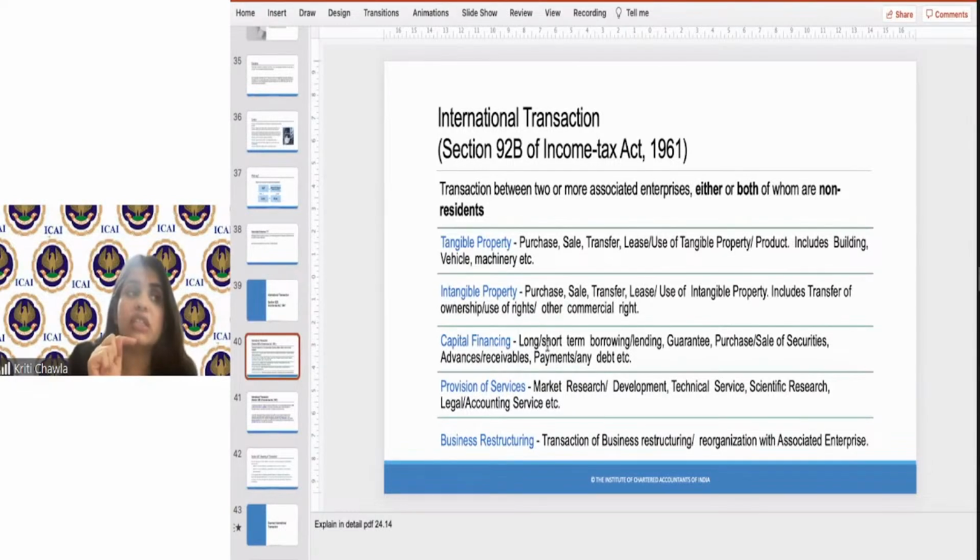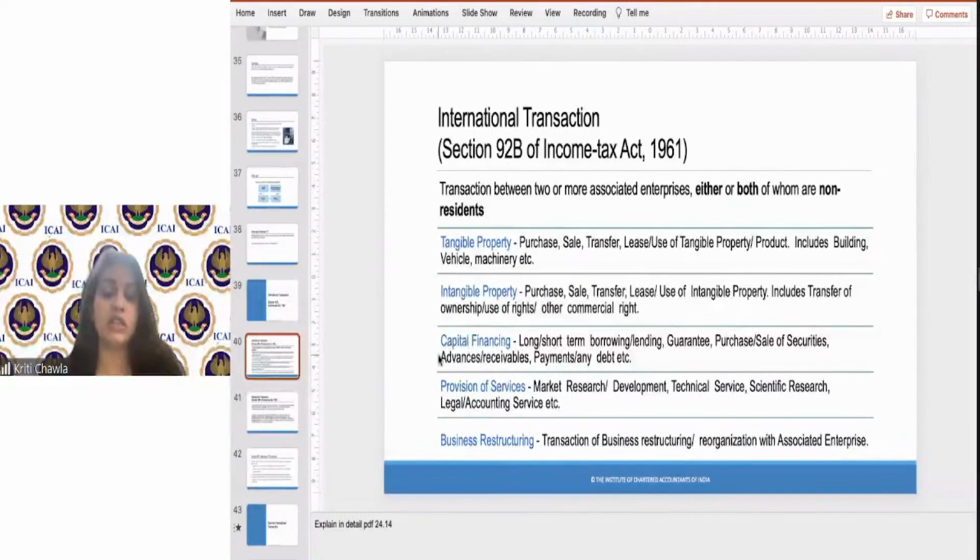If you are purchasing shares of the subsidiary company, that's an international transaction. To the extent that you would always see some account receivables and outstanding payables at the end of the year, even that is considered an international transaction for the purposes of Section 92B.